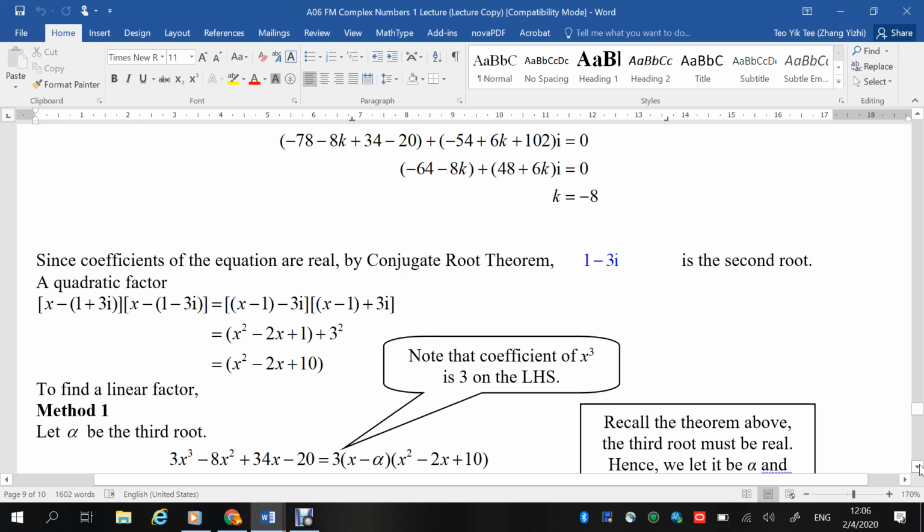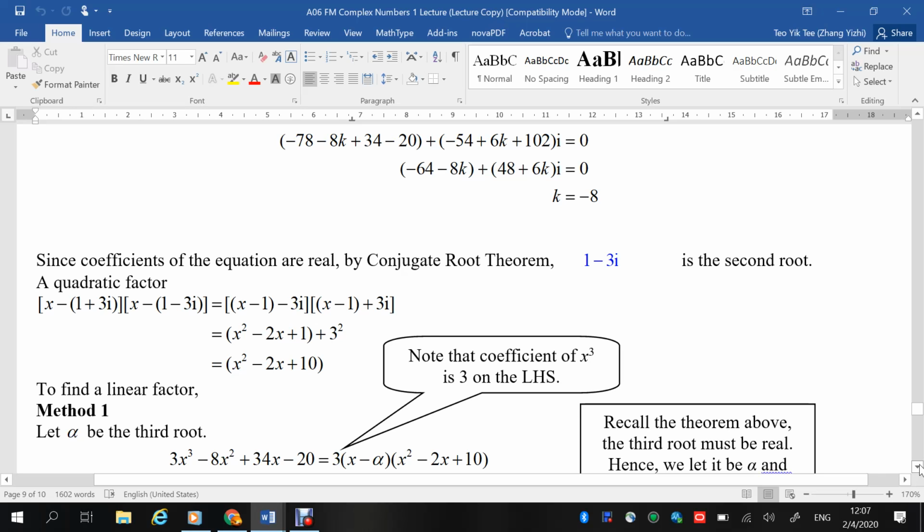Okay? So all the possibilities in pertaining to solving this, I leave it to you. So some people even worse. Okay? So what will happen if you don't understand your conjugate root theorem? What will happen to some students is they will do something like that. Oh, 1 plus 3i is a root, right? So they will tell you x minus 1 plus 3i followed by ax squared plus bx plus c equals 0.